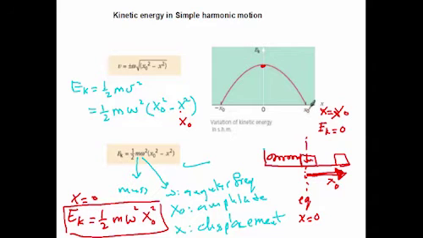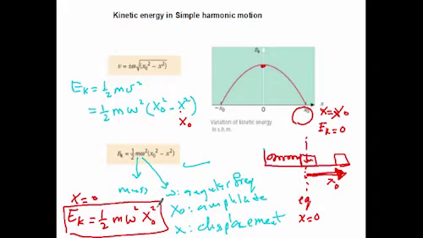That's why at x equal to x naught, kinetic energy is equal to 0. Also on the other side, we will substitute by minus x naught all square, so it will be 0. And when x equal to 0, our kinetic energy is maximum, which is half m omega square x naught square.